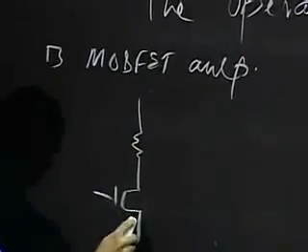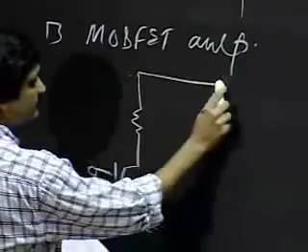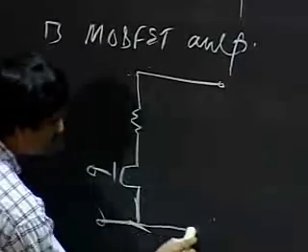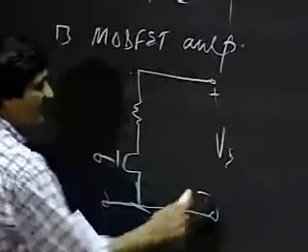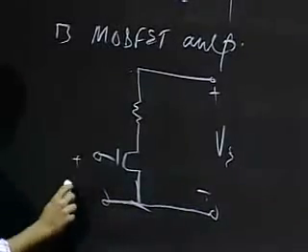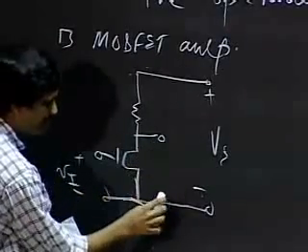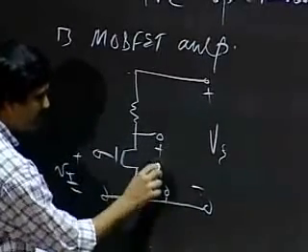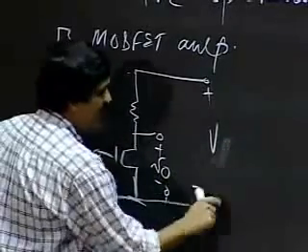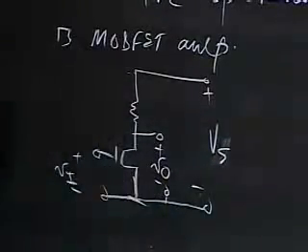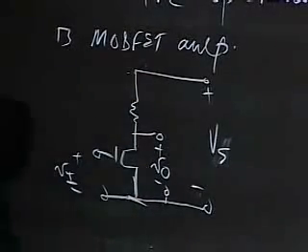So it's based on a MOSFET. There's a VS supply. There was a VI input, a VO output, and as I said, a VS supply. So this was a MOSFET circuit that you've seen before.